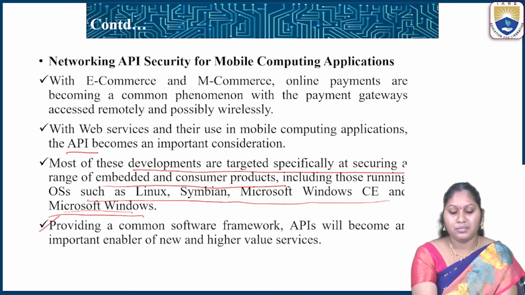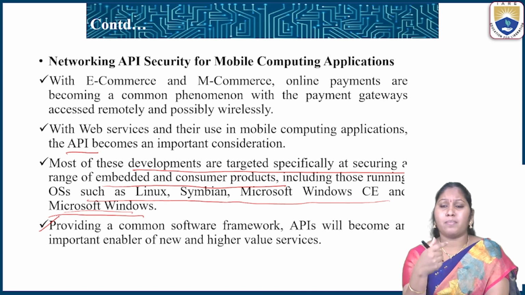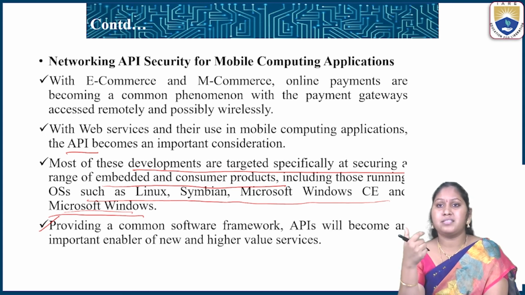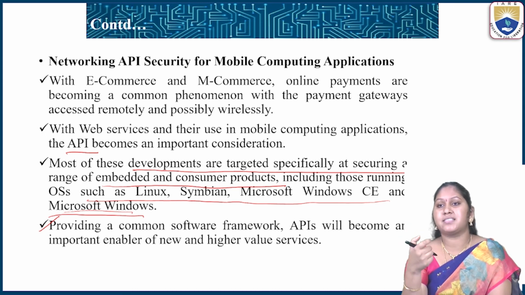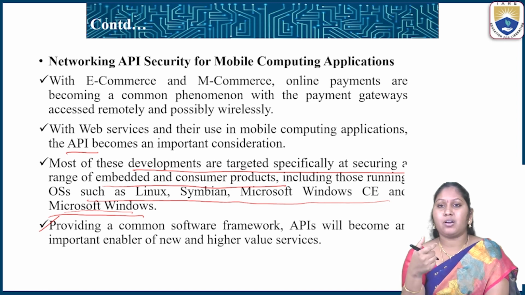The next one is providing a common software framework. They want to provide network API security, a common software framework. APIs will become an important enabler of new and higher value services.